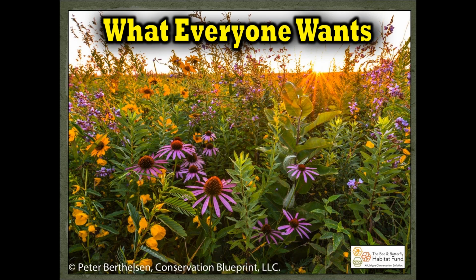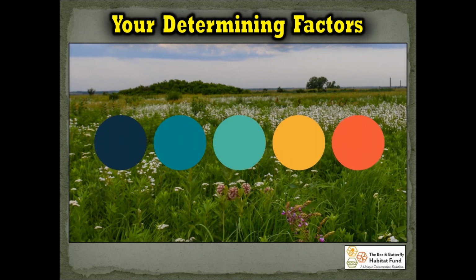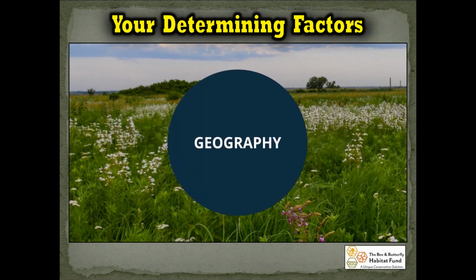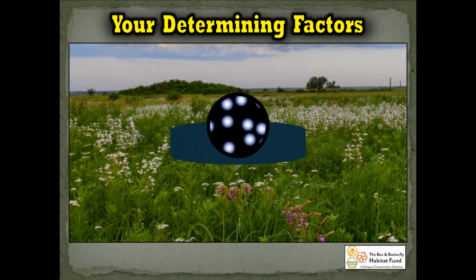So the first thing I'm going to do is talk about 5 factors. I'm just going to use 5 as an example. In this example, the first factor we're going to call geography. And think of this like a filter. In every place that there's a hole, that represents a plant that will work in your geography.